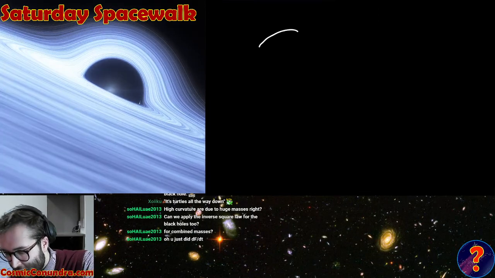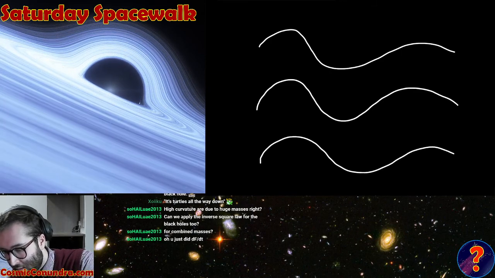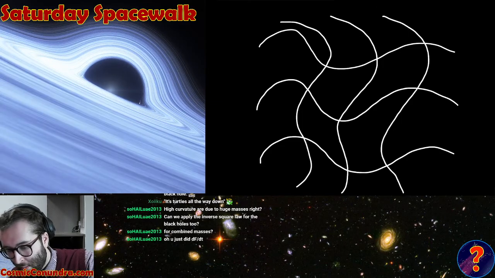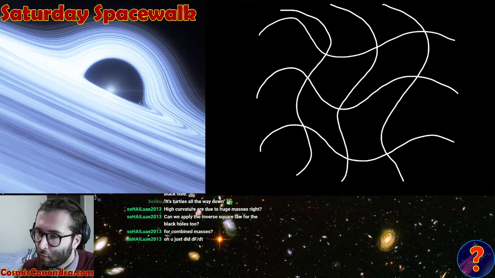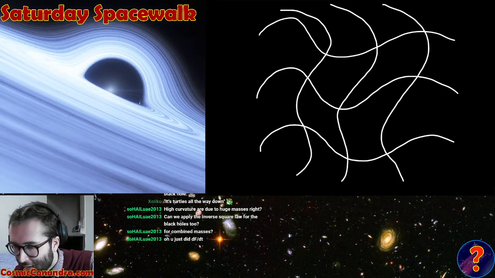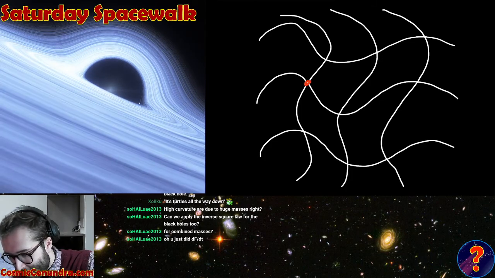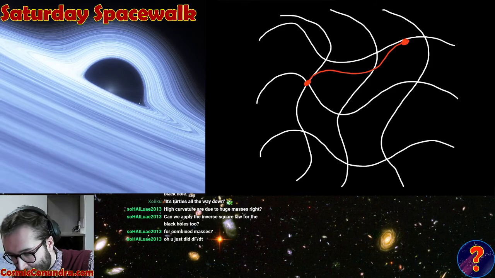So if we have some curved space, I've drawn these as coordinate grids that are kind of bent, so this looks like a warped space-time. Then the geodesic is the path that follows the warping of this space-time.